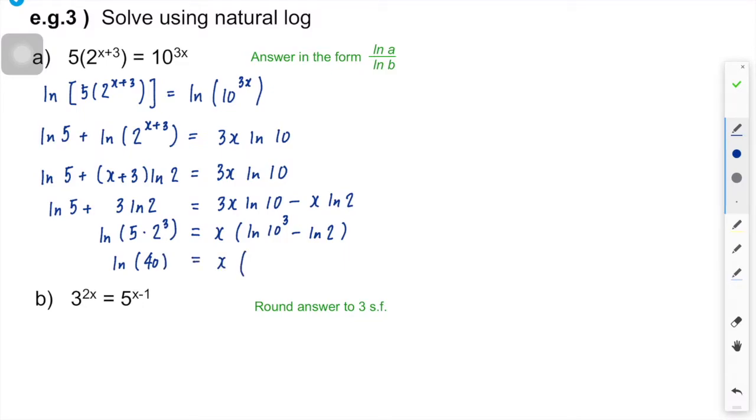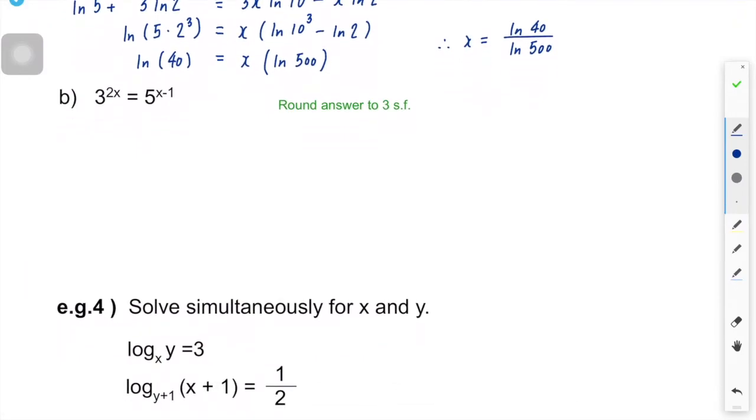If I think about the right side here, this is really 1,000 divided by 2 when I write this as a single ln. So this is ln of 500. As a result, x is equal to ln of 40 over ln of 500, as required above to put the answer in ln A over ln B. Okay.